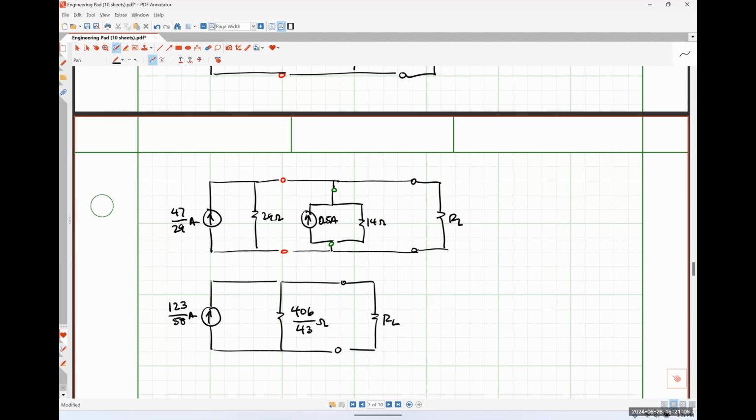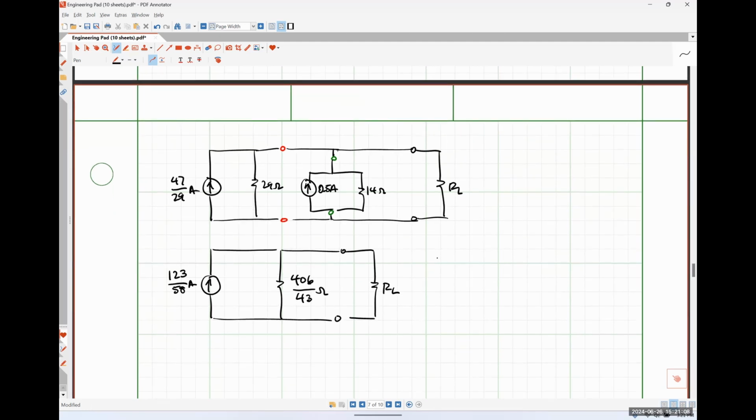Here's RL. The resistance that makes maximum power transfer occur, RL, needs to be equal to 406/43. And our maximum power is going to be 1/4 times 123/58 amps squared times 406/43 ohms, using our maximum power equation for practical current sources.